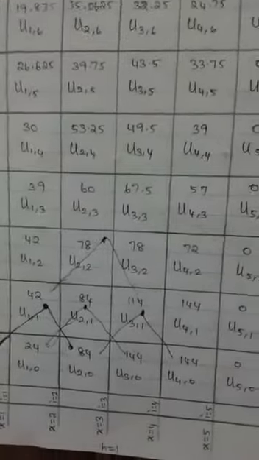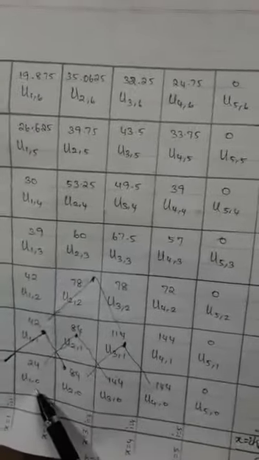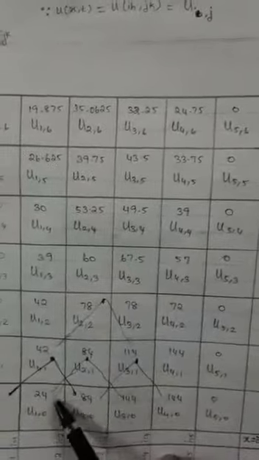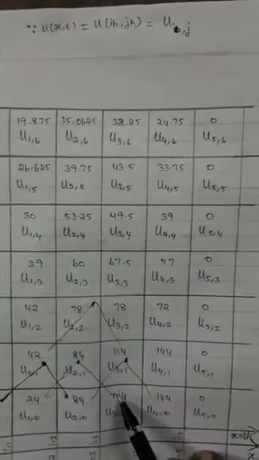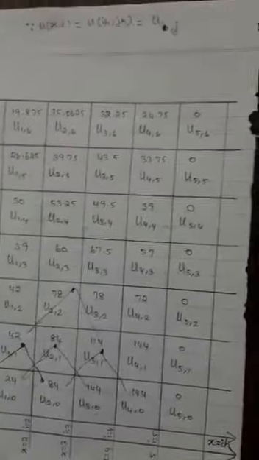Similarly, to calculate u2 comma 1, the left side is u1 comma 0 and the right side is u3 comma 0. So 24 plus 144 divided by 2, that is 84. Similarly, all the values are calculated.